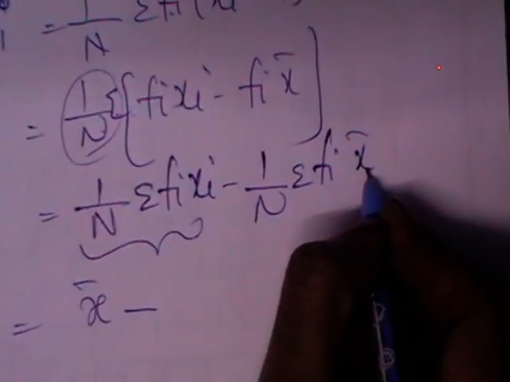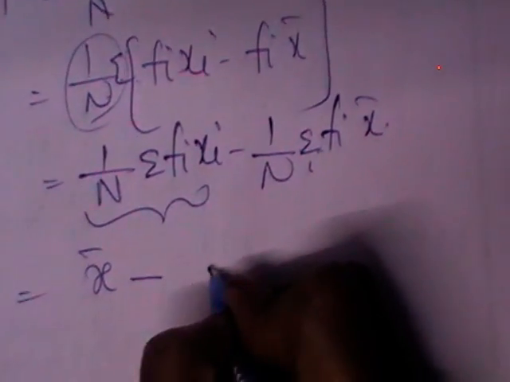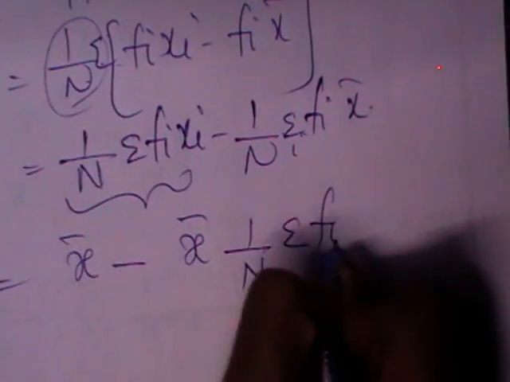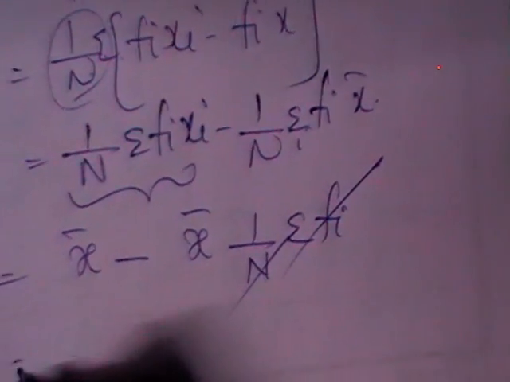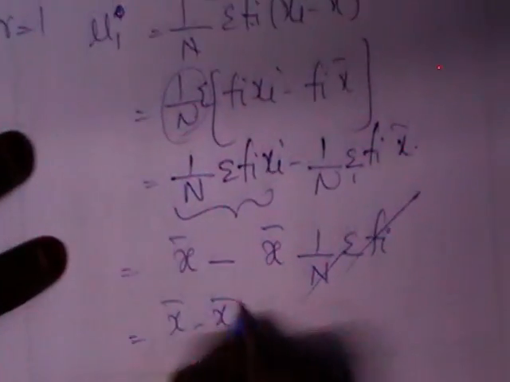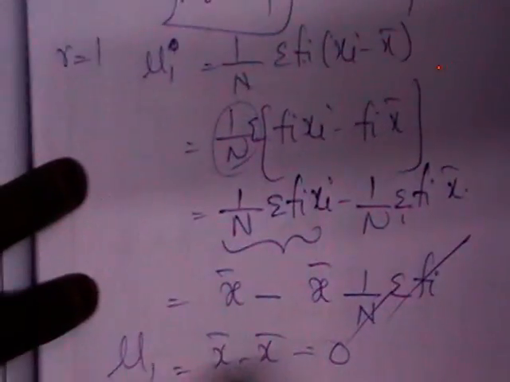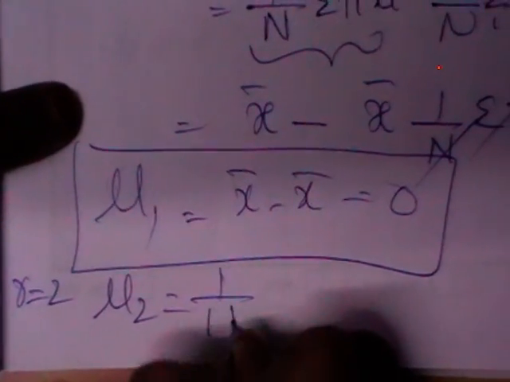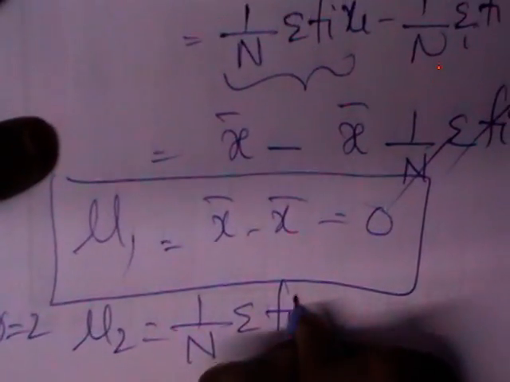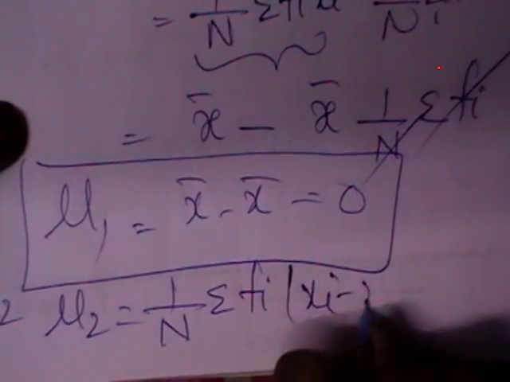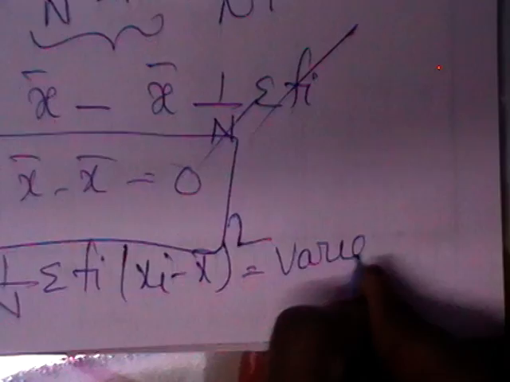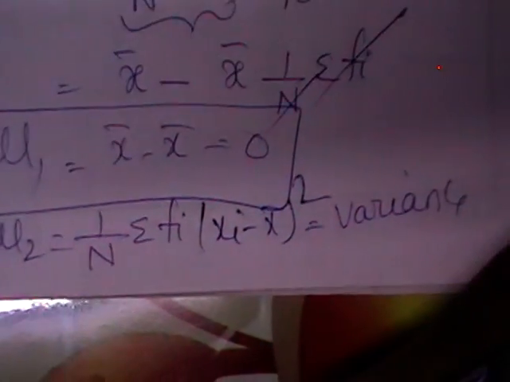This x bar is independent of i, so you can take it out of the sigma: x bar into 1 by n sigma fi. Sigma fi is again n. So x bar minus x bar, which is equal to 0. So mu 1 is always 0. If you put r is equal to 2, you get mu 2 is equal to 1 by n sigma fi into xi minus x bar whole square, which is nothing but variance. Am I right? Variance we have just discussed.